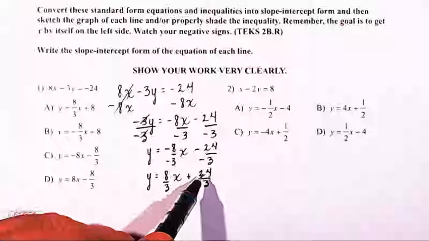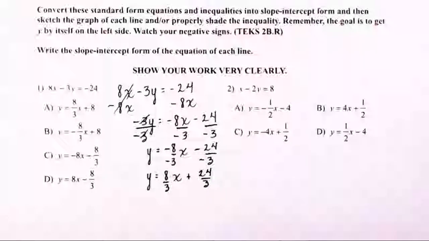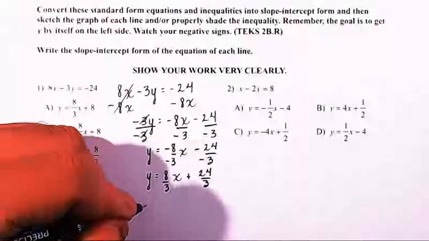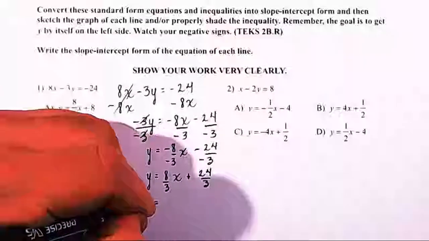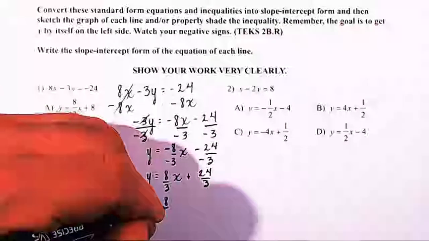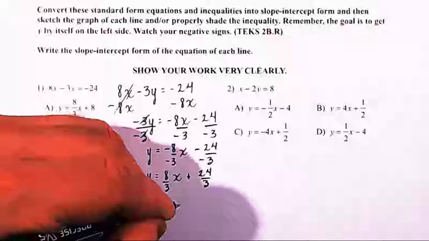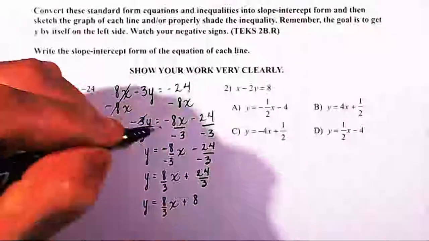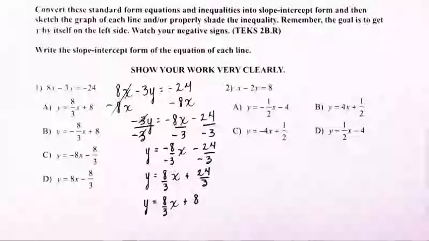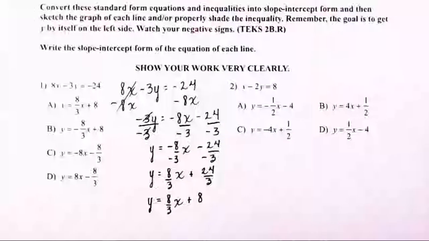In other words, 24 divided by 3 gives us a whole number, and that whole number is 8. 8 times 3 is 24. So when I do my final rewrite, y equals 8 over 3 times x plus 8. And that's the slope-intercept form.